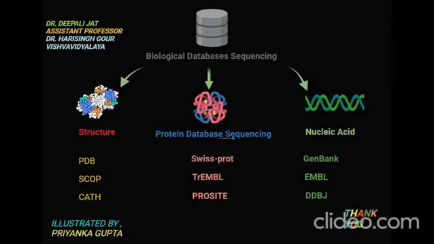Information contained in biological databases includes gene function, structure, localization, both cellular and chromosomal, clinical effects of mutations, as well as similarities of biological sequences and structures.